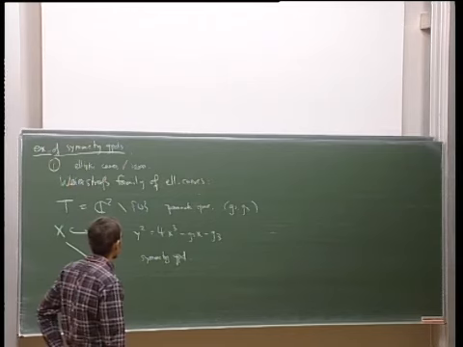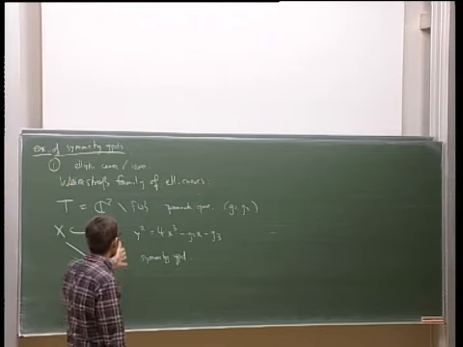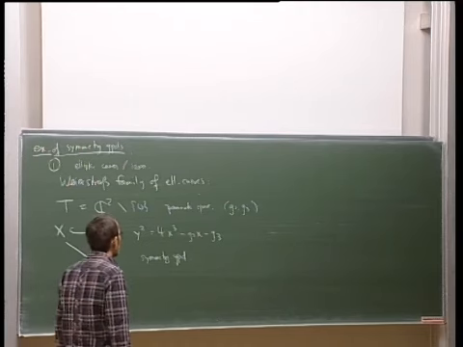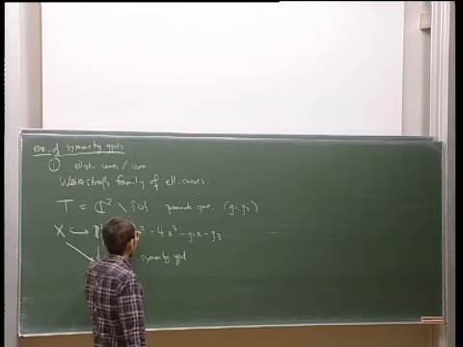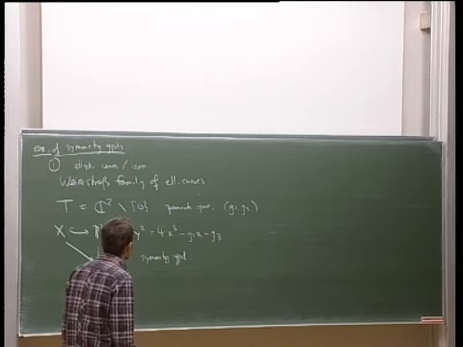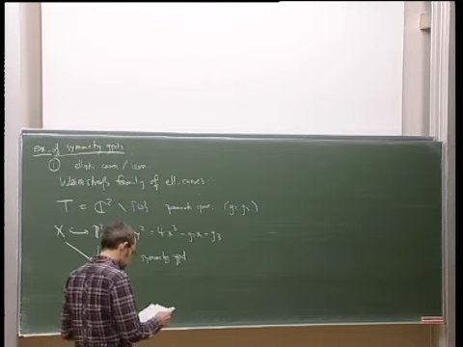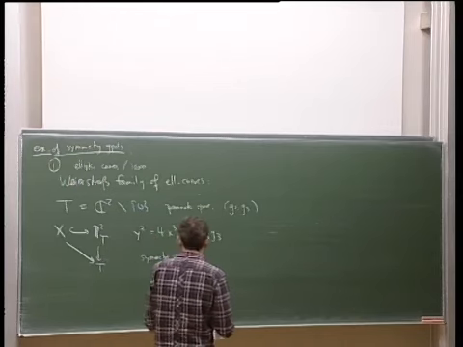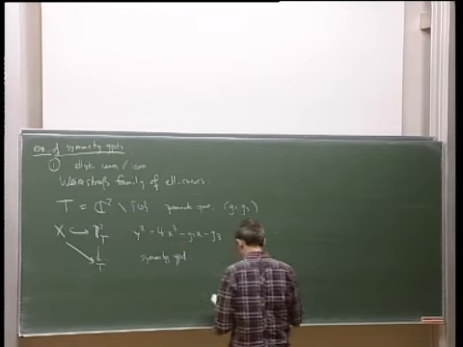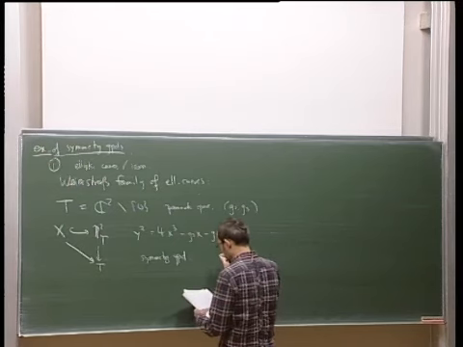What is the general isomorphism? When are two of these curves isomorphic? And what are the symmetries of the individual curves? Let me just give you the answer. You can convince yourself that this is true.